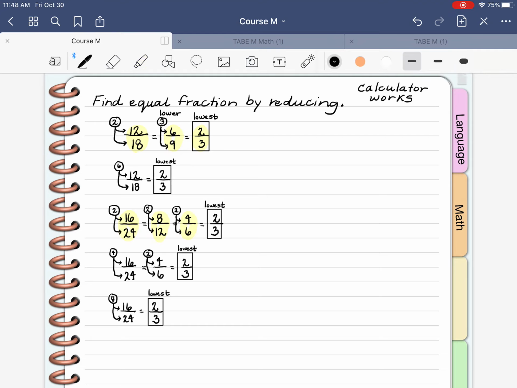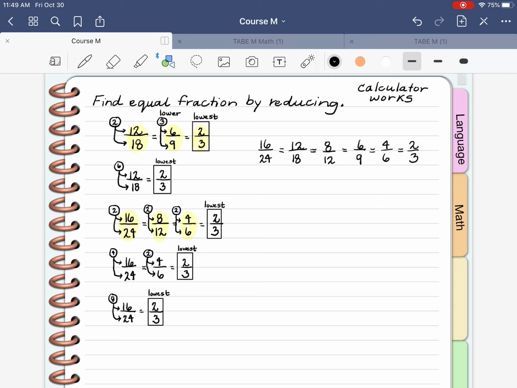So we can say that 16/24 equals 12/18 equals 8 over 12 equals 6 over 9 equals 4 over 6 equals 2 over 3.